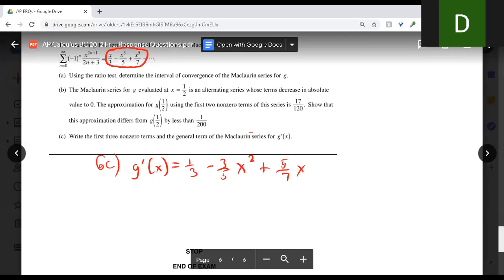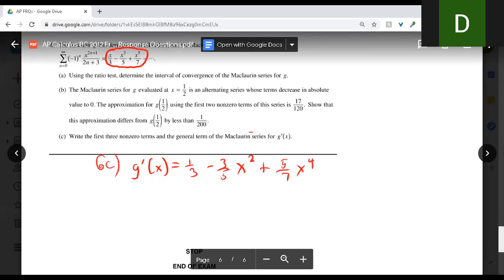I don't think I'm going to worry about the general term just because that has to do with the series. So I'm just going to focus on these first 3 terms. And actually, that's all you have to do for the derivative. They wouldn't ask you to do anything on the AP test beyond finding the derivative of a Taylor polynomial. So that's nice. You don't have to worry about finding the general term because that goes with the series. I want to make sure that's clear to everyone because it's a little confusing.